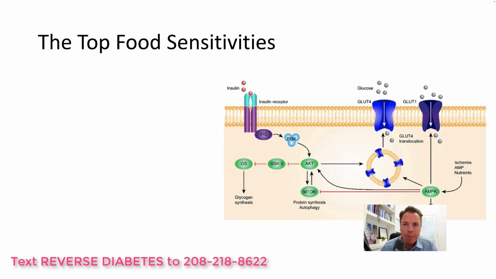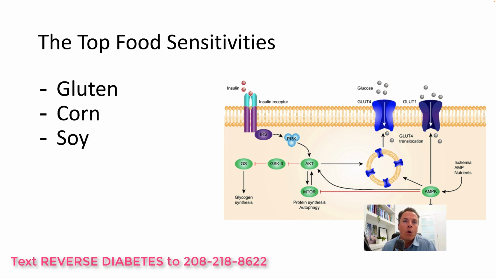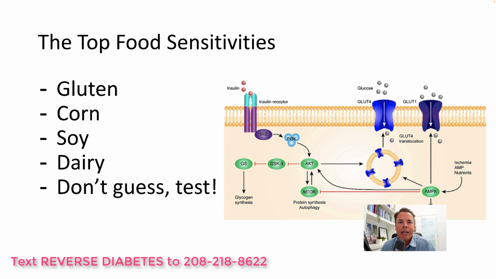So we talked about this picture here. We explained that, but here are the top food sensitivities that will cause that attack at the insulin receptor. Number 1 is gluten. Number 2 is corn. Number 3 is soy. Number 4 is dairy. I love this. Why guess when we can test? There are tests available that can tell you if these foods are the problem.